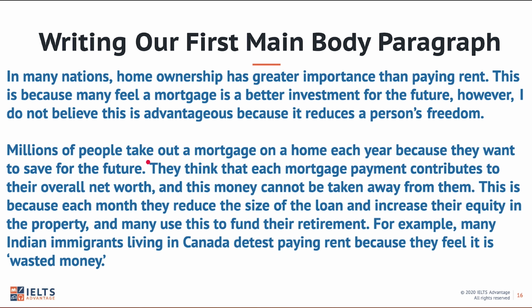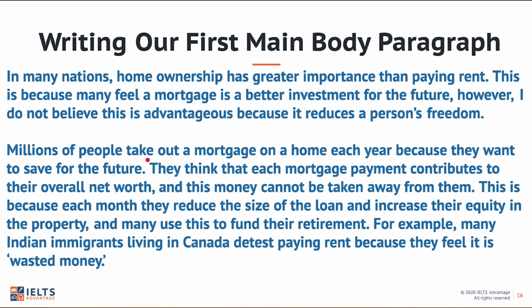Millions of people take out a mortgage on a home each year because they want to save for the future. So this is why people do this. We need to then explain why they do this. They think that each mortgage payment contributes to their overall net worth, and this money cannot be taken away from them. This is because each month they reduce the size of the loan and increase their equity in the property, and many use this to fund their retirement.